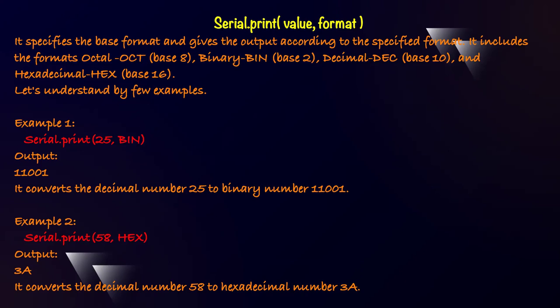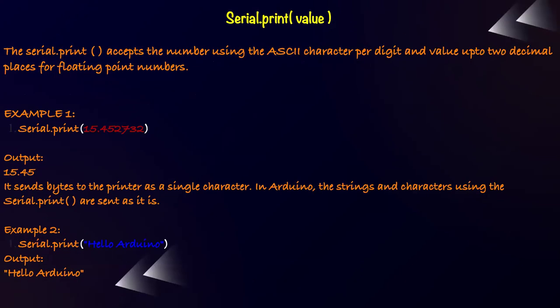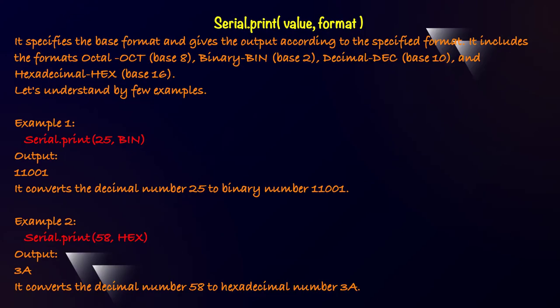So our computer basically converts the number into its binary form. If you convert 25, the binary form is 11001. So it prints 11001. Here in serial.print with only value, we're just printing the value, that's it. But here we're mentioning that this value needs to be printed in binary format. Hence the binary conversion is done and the value is printed like this.